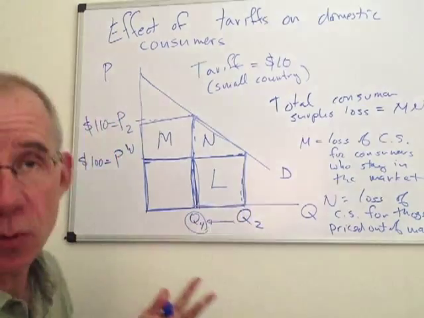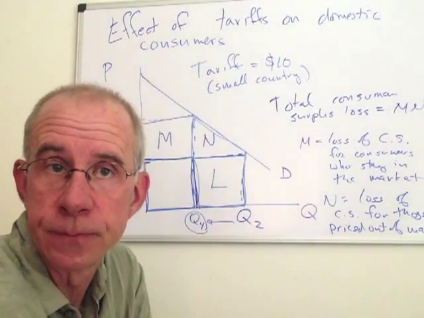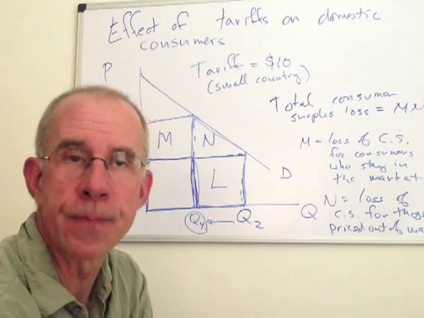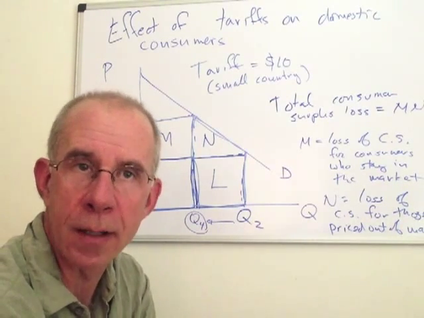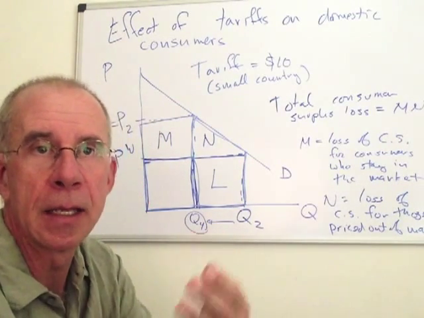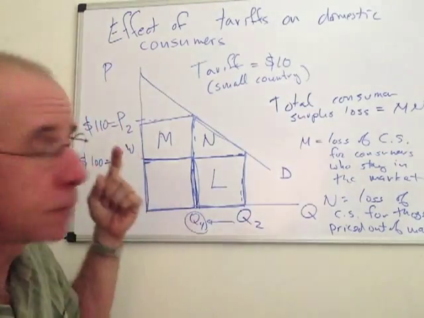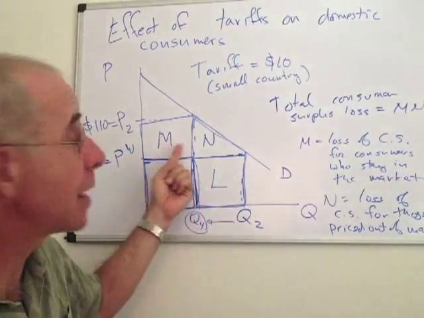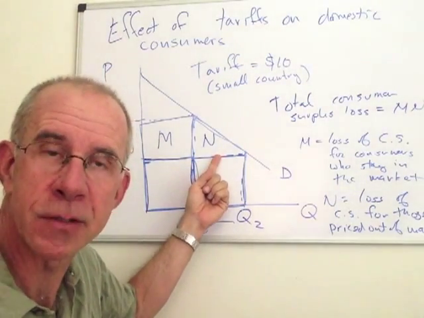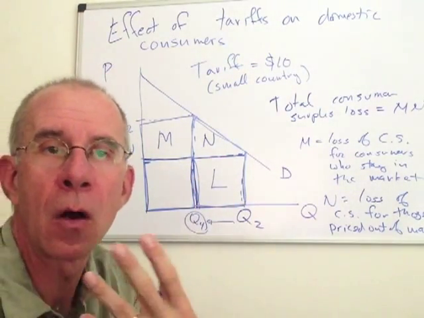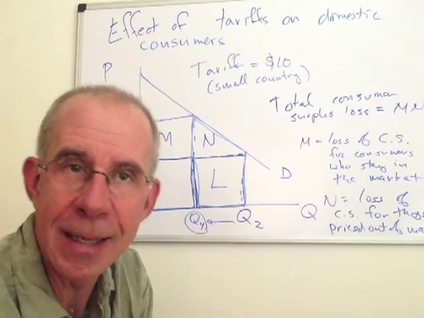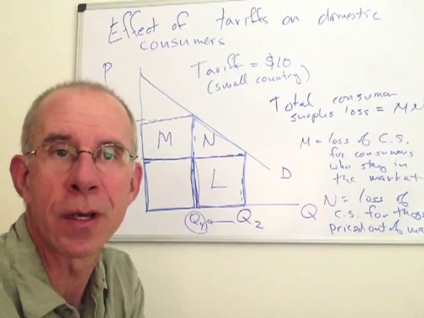Let's say this is the importation of a raw material, say oil or steel or some other product that is used in another industry. If that's the case, if this is a product of that type, this M and N, this consumer surplus loss, are losses to the firms and workers that are in the industries that use this imported input.